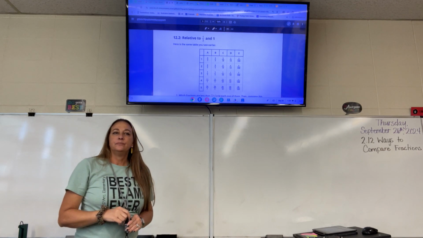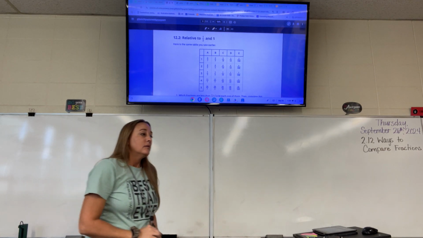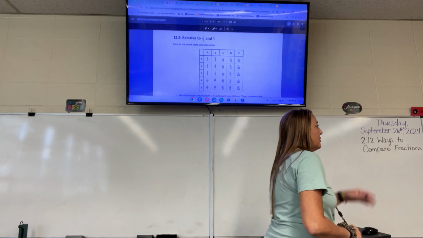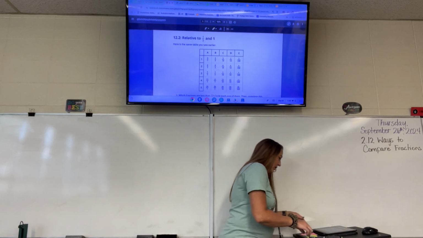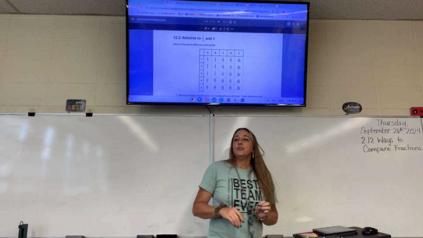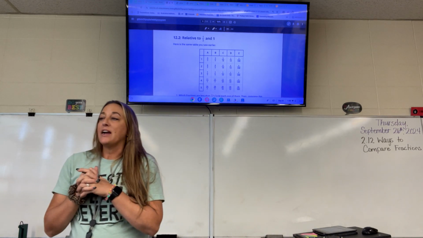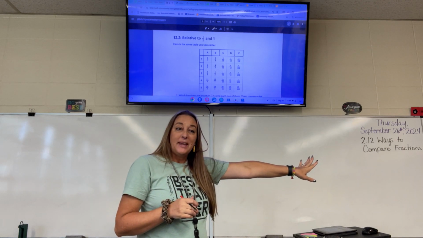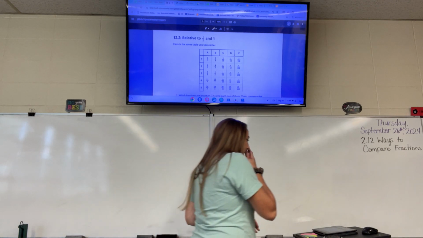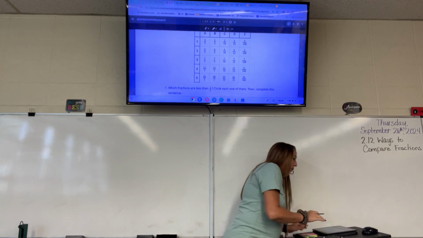Yes or no? No. You can see that 2/3 is clearly bigger than half, right? So we are not going to circle 2/3. We're only going to circle the fractions that are smaller than 1/2, smaller than the pink section. Okay, you with me? All right.